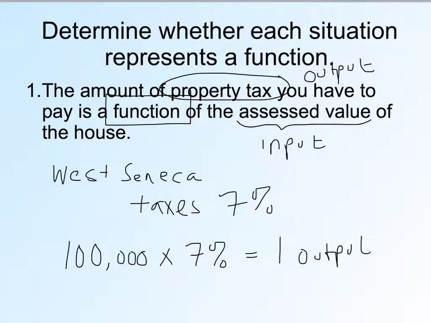And that's going to be the same for any assessed value of the house. Once you multiply it by the tax rate, you're going to get one unique amount. So yes, this is a function.